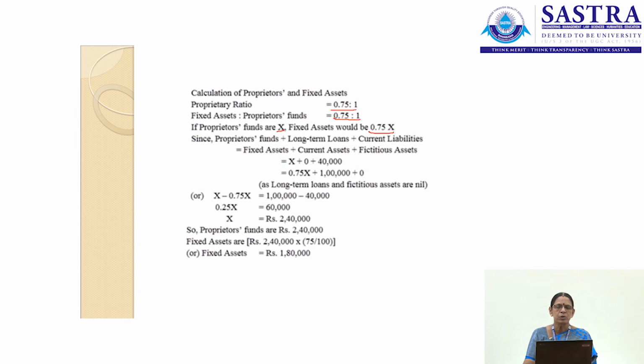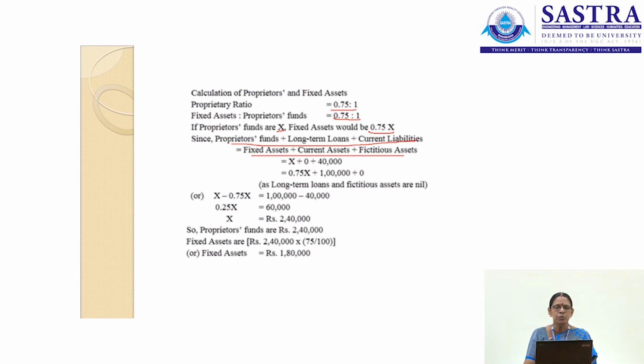Proprietors funds is long-term capital plus long-term loans plus your current liabilities, which is otherwise equal to fixed assets plus current assets plus fictitious assets. That is taking into account the balance sheet structure, that is your financial structure. This is said to be the liability side and this is said to be the asset side. Both the sides must be equal.